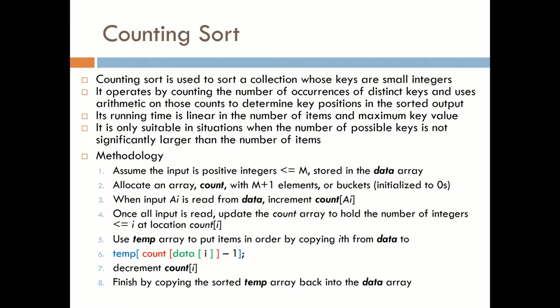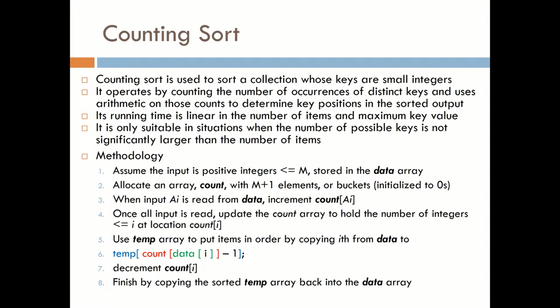Its running time is linear in the number of items and the maximum key value, and we'll see that that's an important parameter in counting sort. And it is only suitable in situations where the number of keys is not significantly larger than the number of items in the array. And as I go over the example, I will point out why that's the case.